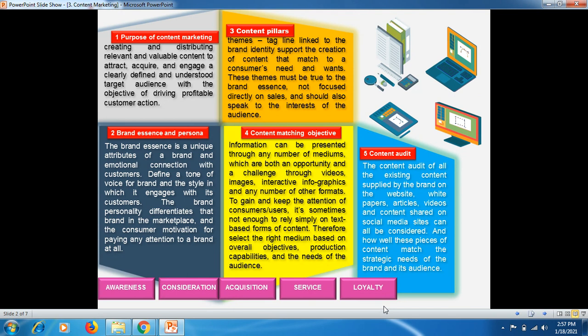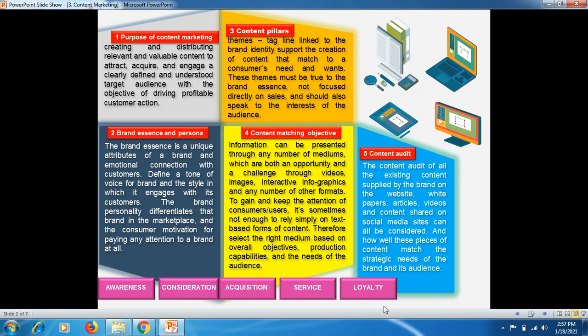Here you have to understand the attributes of your brand so that it speaks emotionally and connects with the customer's feelings as well. And you must have a tone of voice for your brand to reach your customers in order to engage them with your brand. The brand personality differentiates the brand in the marketplace. It means how much market capitalization you have built since the product launch or overall as a brand.